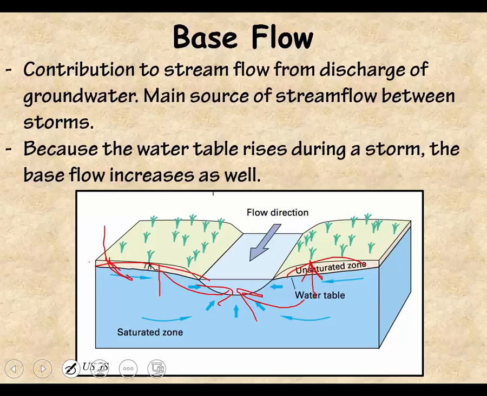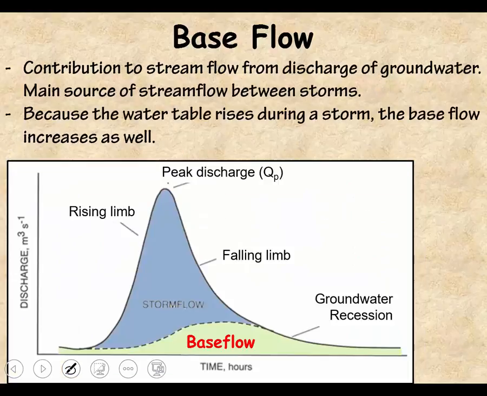As the water table rises, it increases the pressure to discharge into the river. So this rise is related to the recharge during the storm. From here on, this is basically just the depletion of the groundwater. We call it a groundwater recession curve. That's just the water table dropping, and the stage dropping with it.